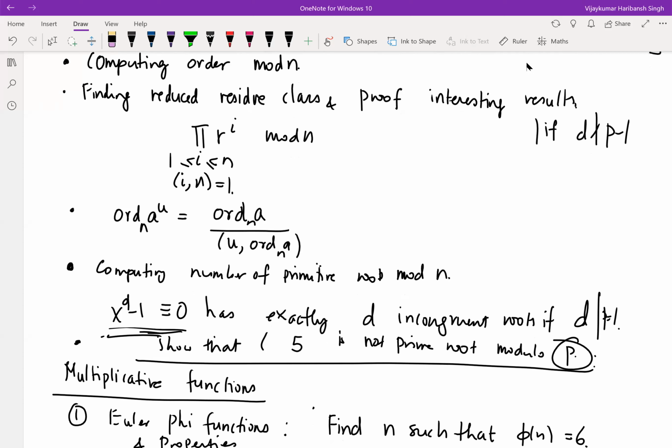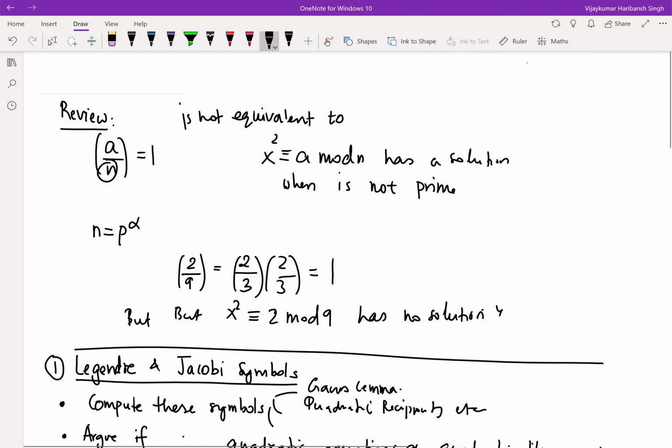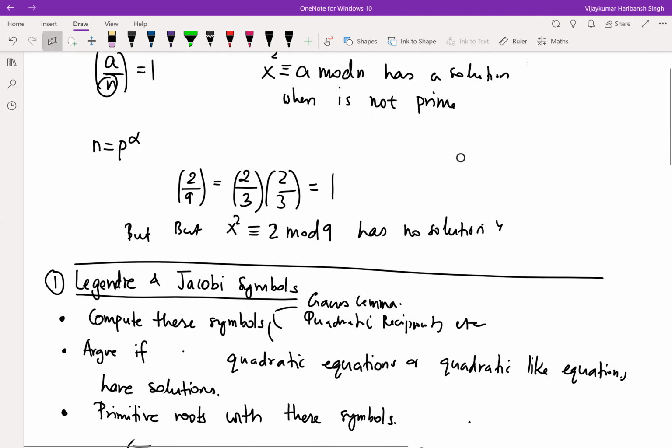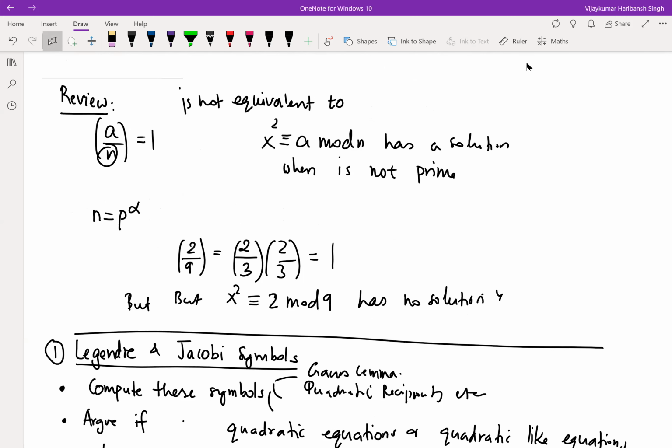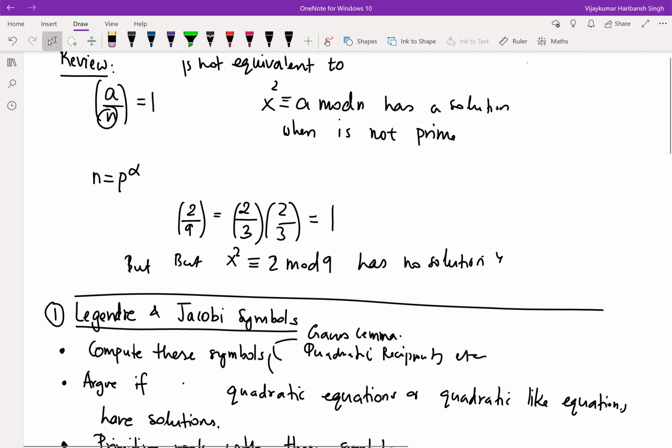Similarly, there are certain structures of certain numbers which will not be primitive roots.